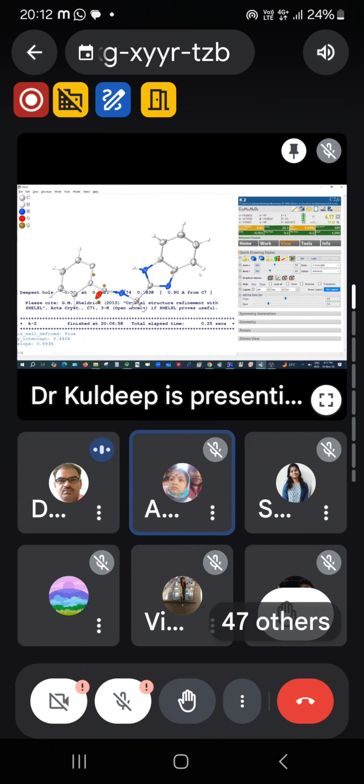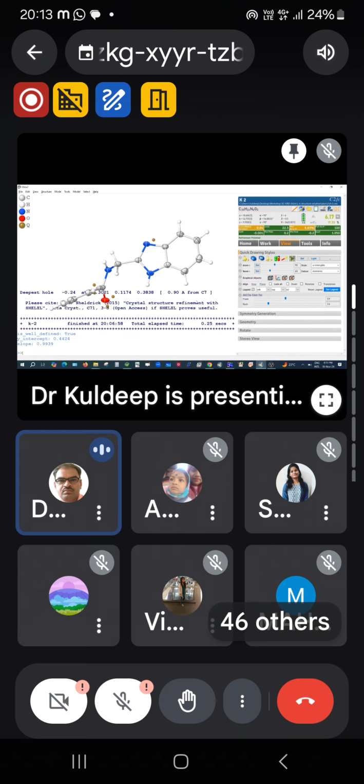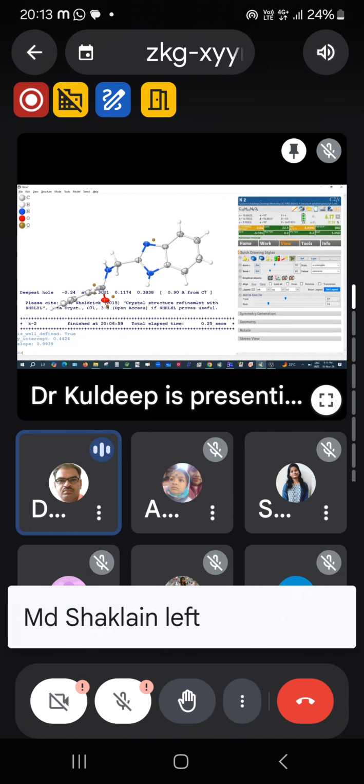Don't demount it immediately after collecting the data. Keep it mounted on the goniometer and check whether the data is complete. If it is complete, then you can demount your crystal. If you find the data completeness is less, then you have to collect some more data, and there is a standard option to append that data to the earlier data. So I always recommend checking the completeness of your data before demounting the crystal.